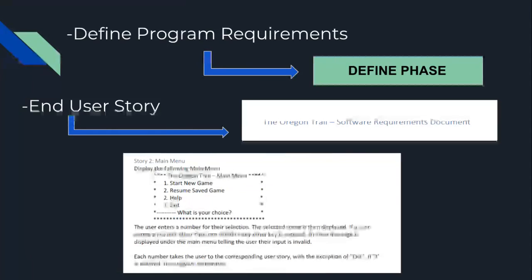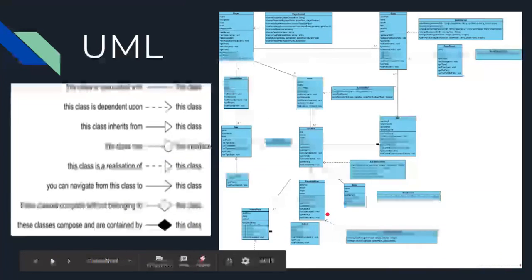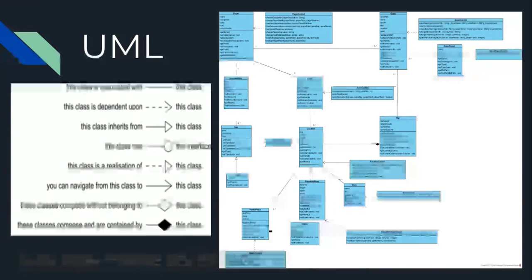So let's talk now about the UML. In the design phase, programmers normally create UML class diagrams to define and document the classes used in a program. This type of diagram illustrates each of the classes and the relationships that naturally exist between the classes.